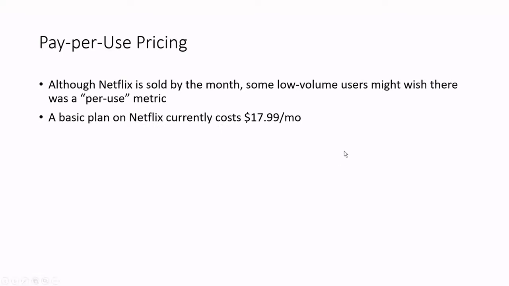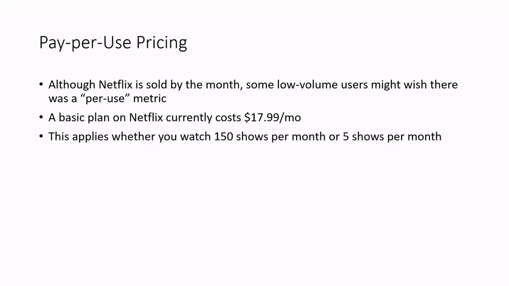Currently, the basic plan on Netflix is charged at $17.99 a month. That's the subscription price for Netflix. Now, this applies whether you watch 150 shows per month or whether you watch only 5 shows per month on Netflix.